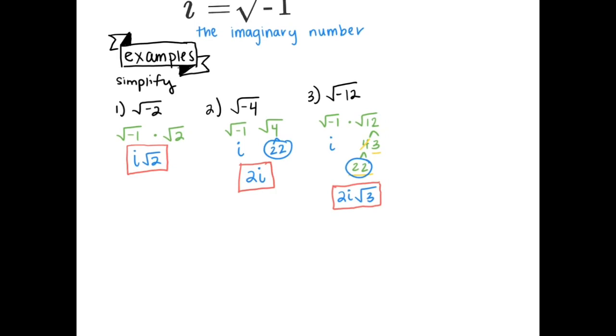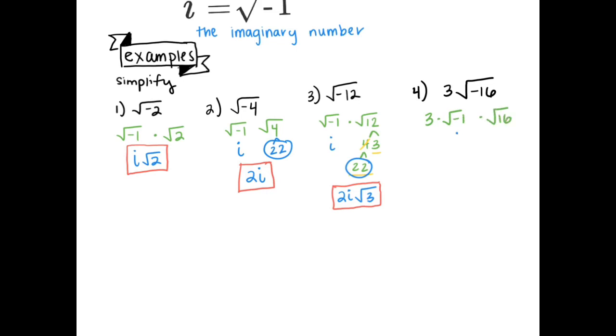All right, let's level up again. I'm going to zoom out a little bit so you can use numbers 1, 2, and 3 to help you as we go through number 4. So number 4, this one is going to be 3 square root negative 16. Okay, so separate them. So I'm going to have 3 times the square root of negative 1 times the square root of 16.